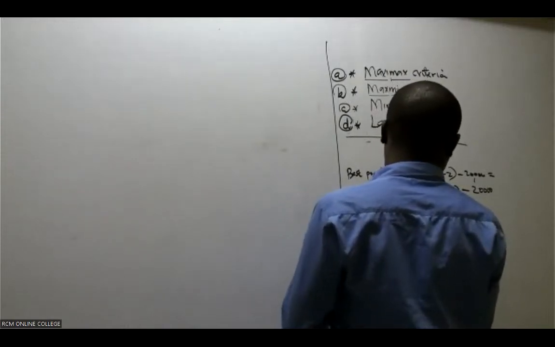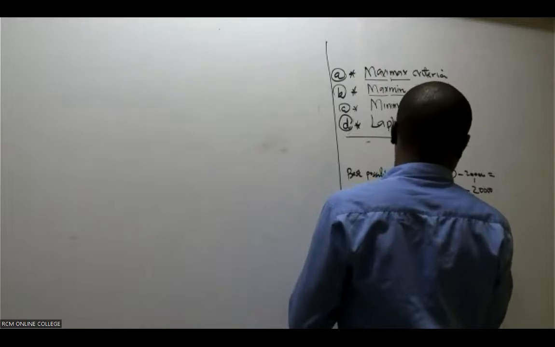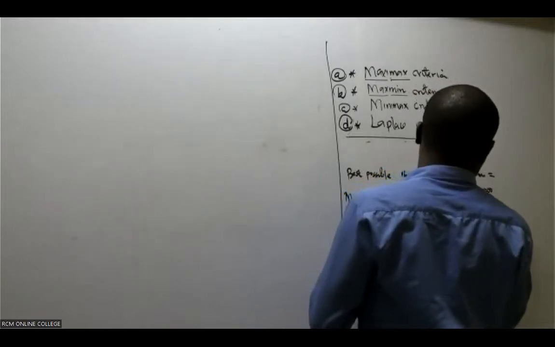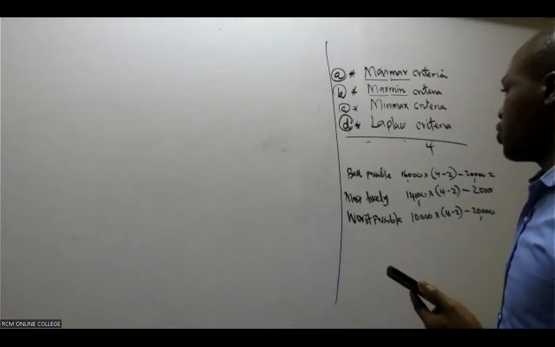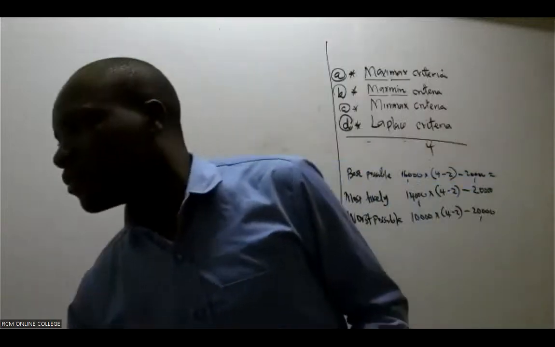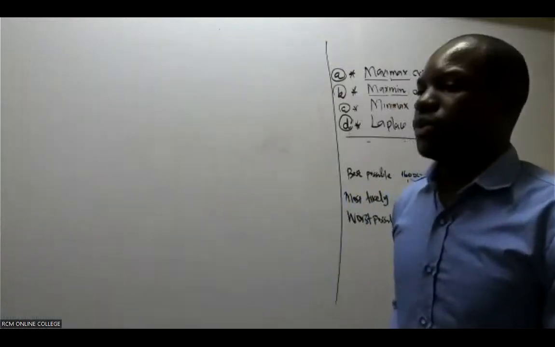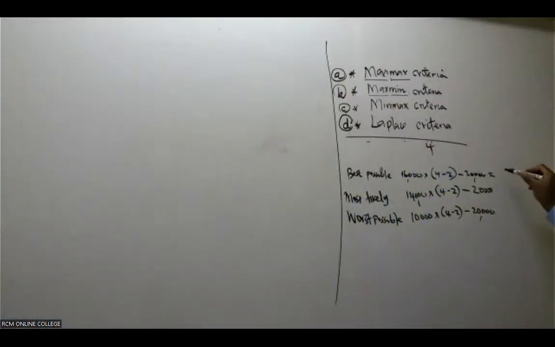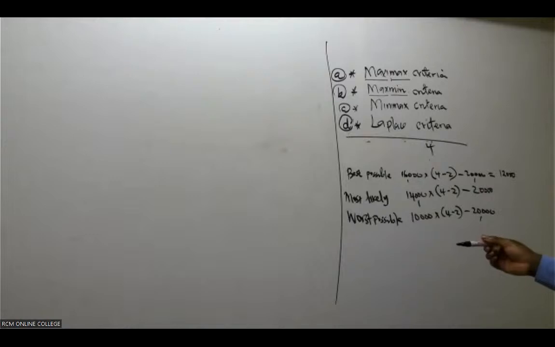Worst possible, we have 10,000 times 4 minus 2. Best is 12,000. Believing that you're able to see the other side of the board. Yes, it is visible. So I'm told this one is 12,000. The second one is 12,000.